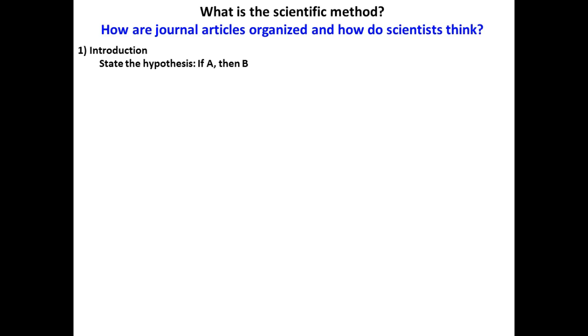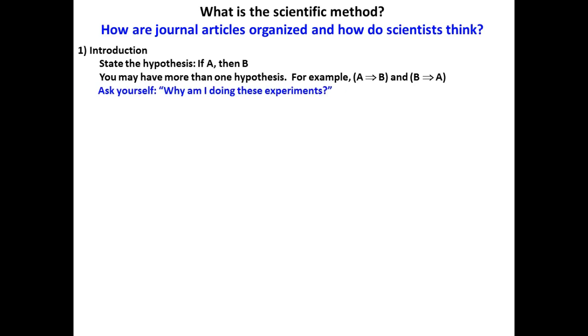So they're going to say, if A is true, then B is true, and vice versa. If B is true, A is therefore true. Also, why are they doing experiments? Why are they asking this question? What's the significance behind it?